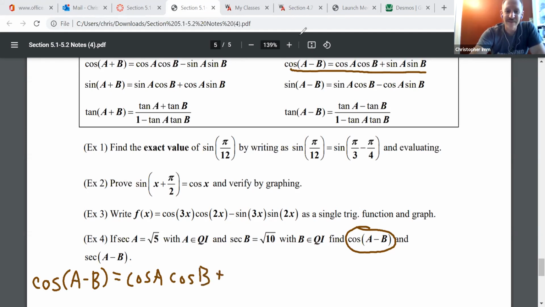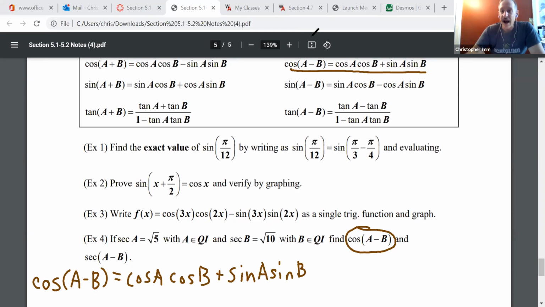Since there's so much going on here, it's easy to get sort of lost in the weeds and not know exactly what we're looking for. So whenever we're finding cosine or a trig function of an angle, we're always looking for a ratio out. So what we should get out is going to be a real number, okay? A ratio. So I copied down my formula, and I think that's right.